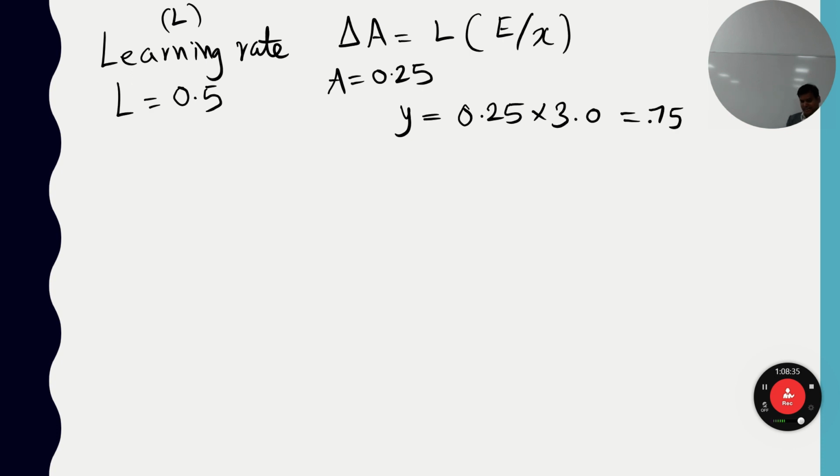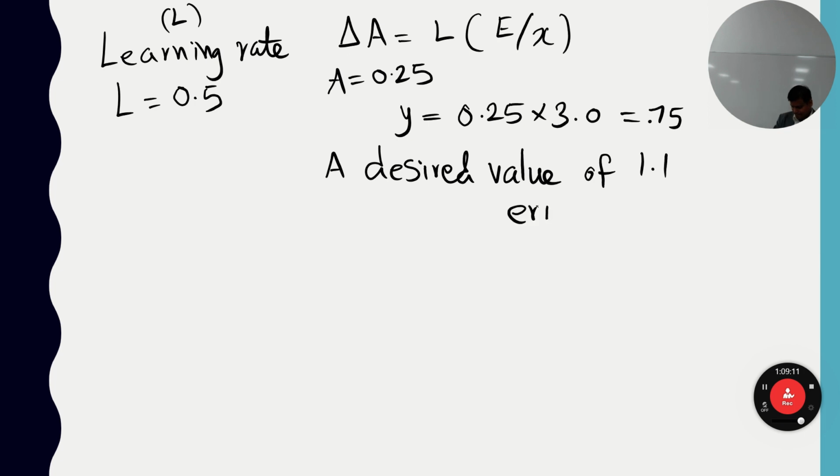And the desired value of Y is 1.1, which gives an error of 0.35. That was the error initially.